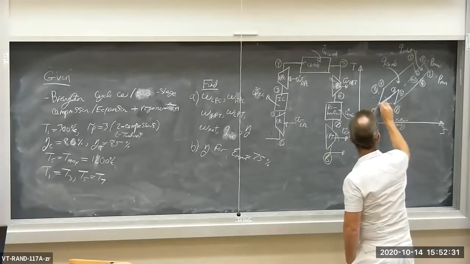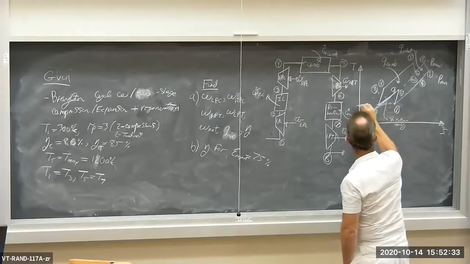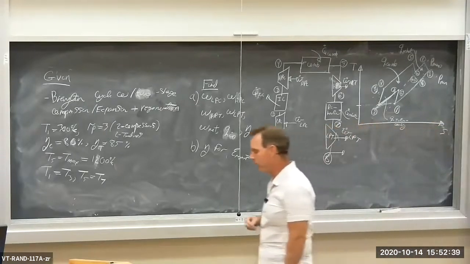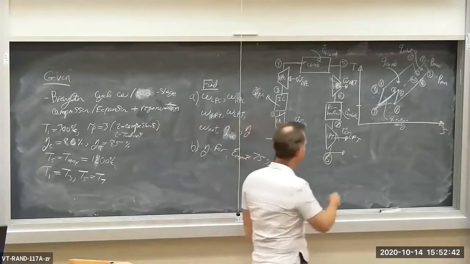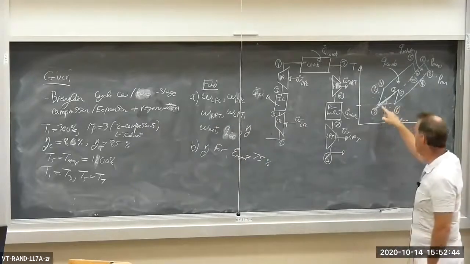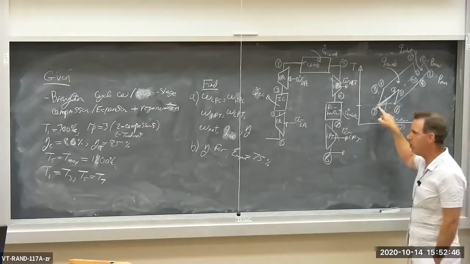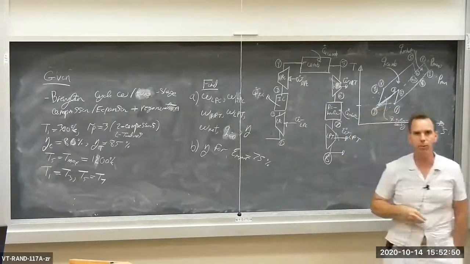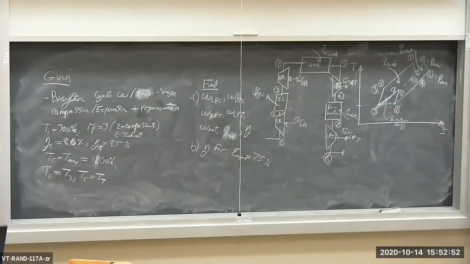So T3 and T1 are the same. We reject just enough heat in the intercooler to bring the high pressure compressor inlet temperature down to the inlet temperature for the low pressure compressor, okay? A lot of cooling is going on in the intercooler.